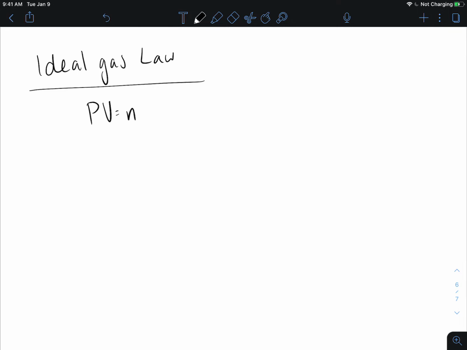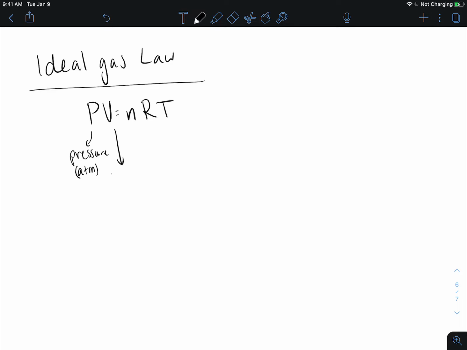Okay, next thing we're going to talk about is the ideal gas law, which incorporates all the components of the gas laws we've looked at so far. It is lovingly referred to as PivNert. PV equals nRT, PivNert, where P is your pressure, generally in atmospheres.